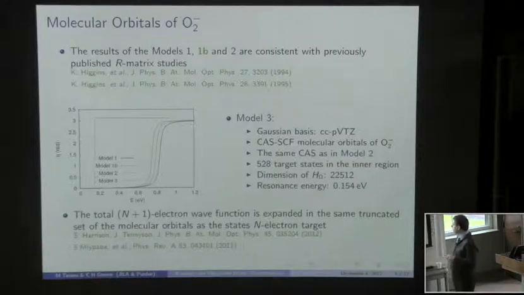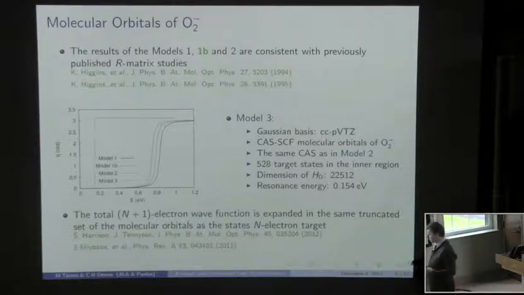And I was still able to use the same complete active space as in the previous model, as in the model number 2. So the total size of the Hamiltonian is still quite modest, and the calculation is still quite tractable. However, I had to include these 528 states in the close coupling expansion to get this position converged.